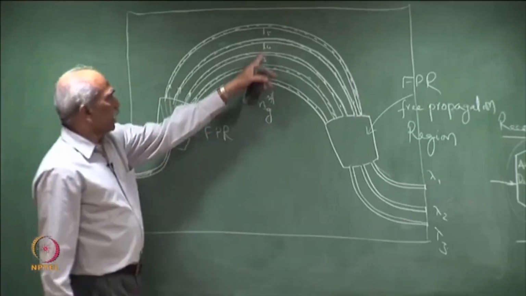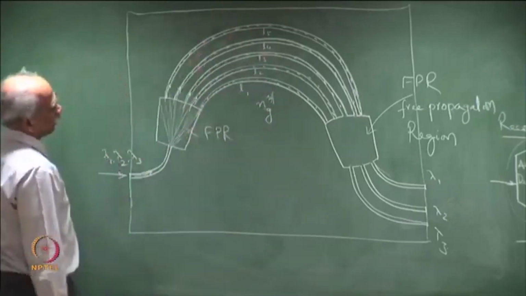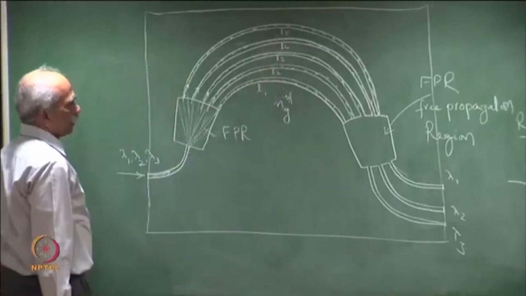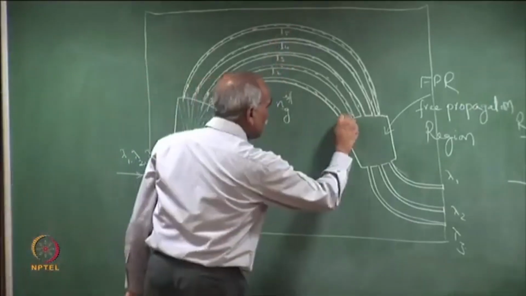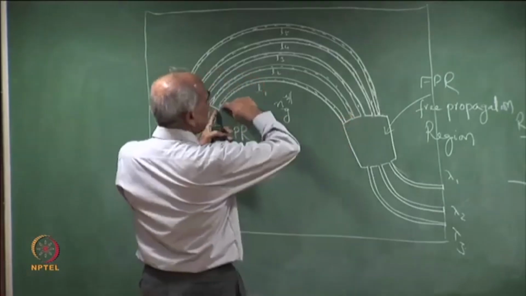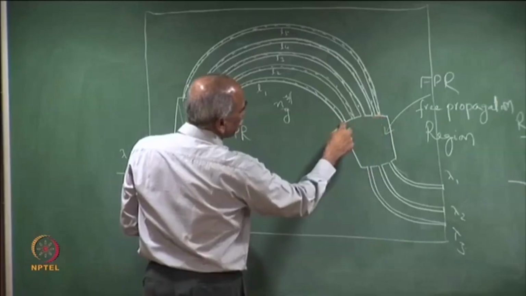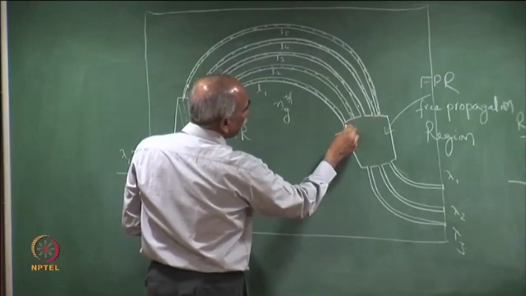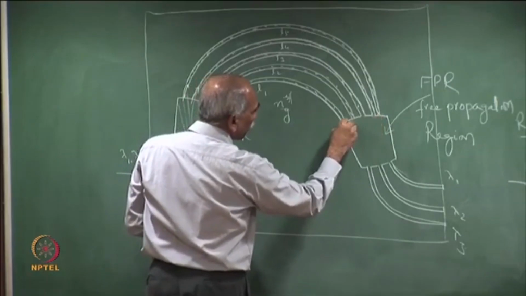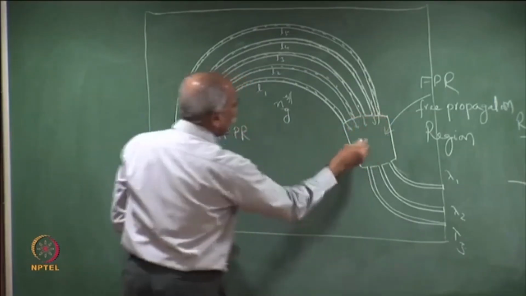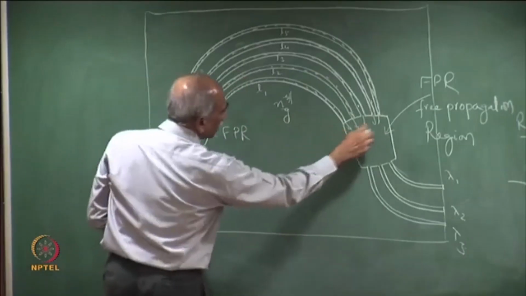If L1, L2, L3, L5 are different lengths of the various waveguides, then when the light reaches here, there is a phase delay between the output coming from one waveguide and the output from the adjacent one.